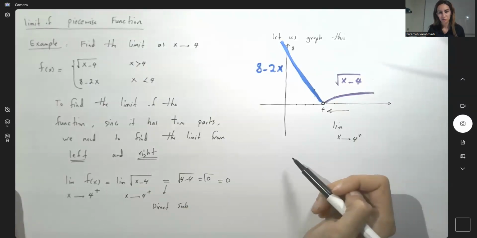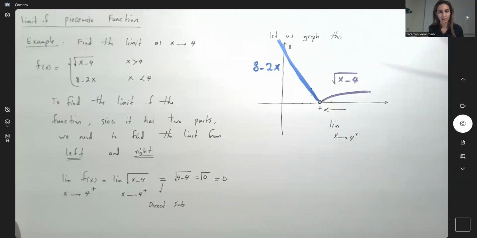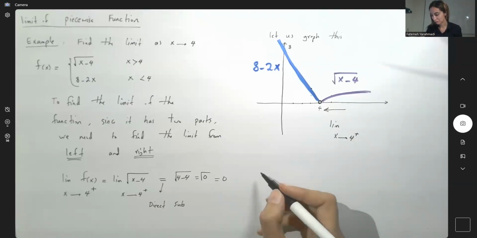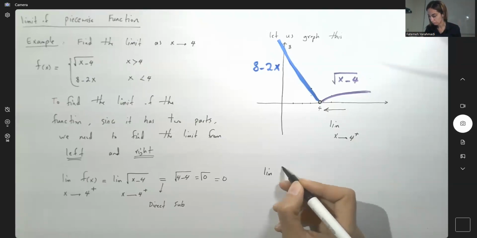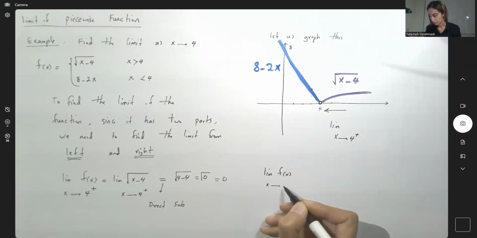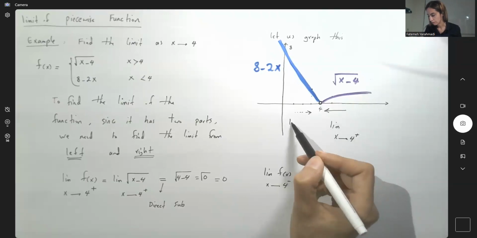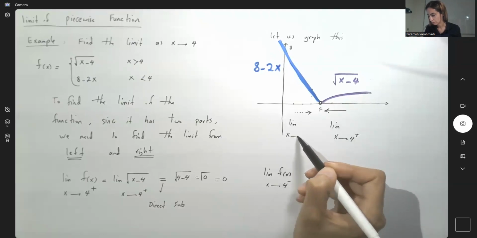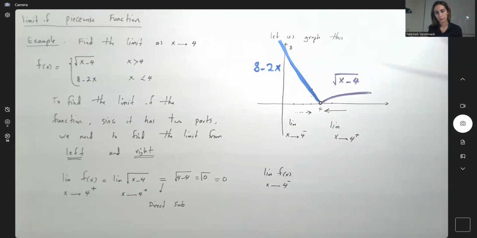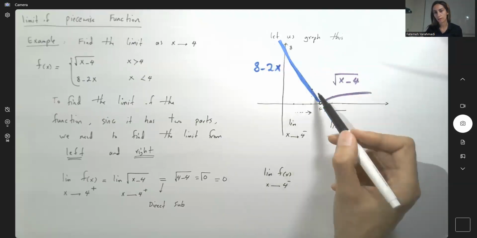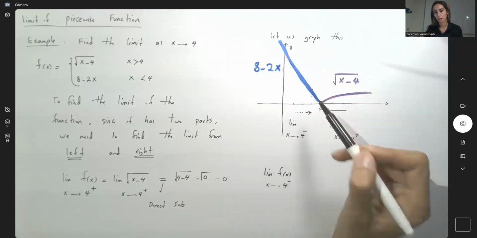What about the limit from the left hand side? You need to analyze the limit from left and right. If they're equal to each other, you're going to say that you have a limit at that value. Now, the limit of f of x as you're getting closer and closer to 4 from the left hand side means that you are on the decreasing line here.